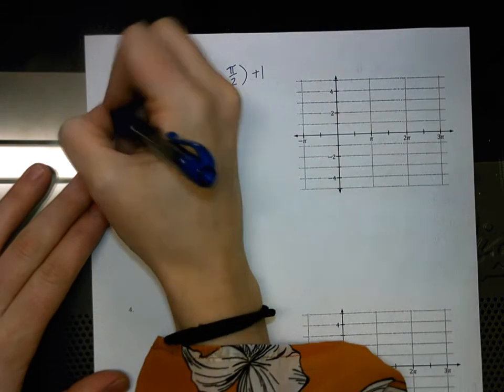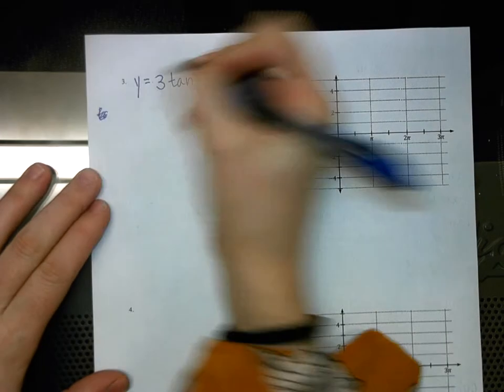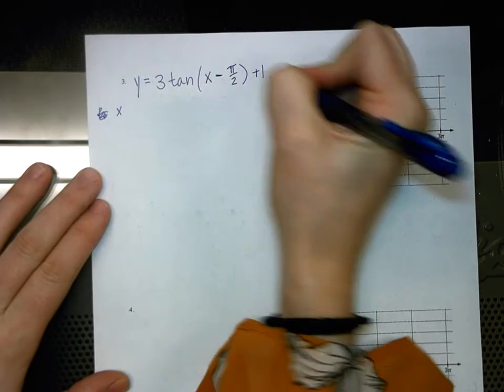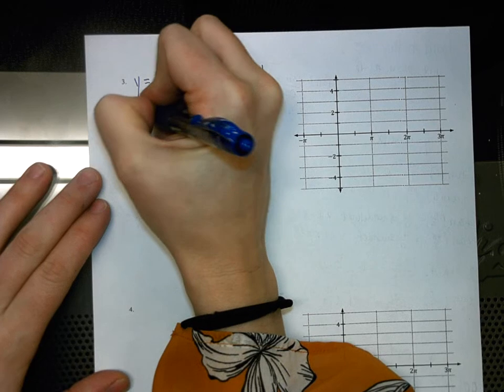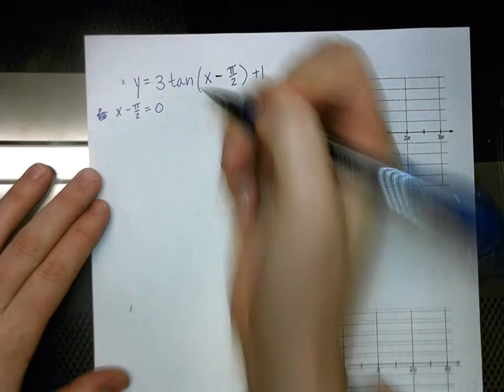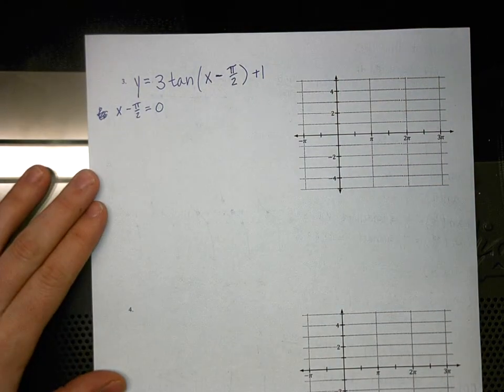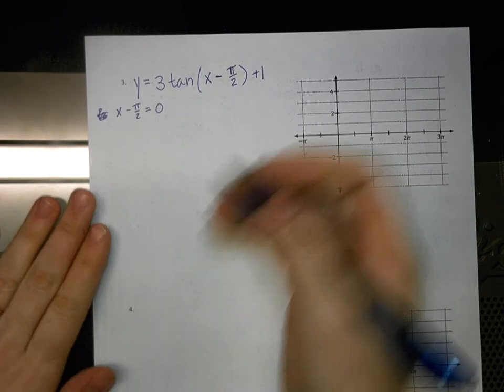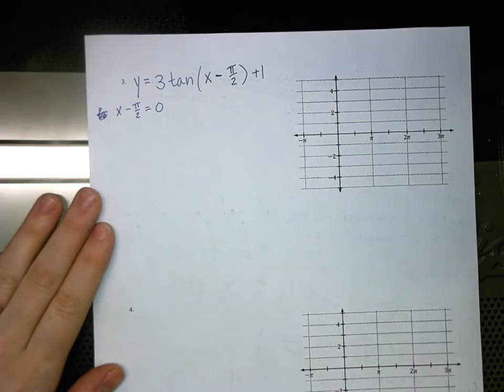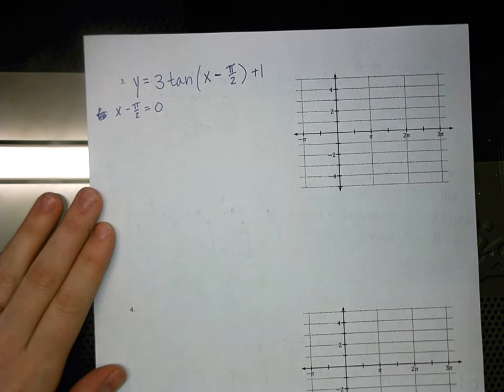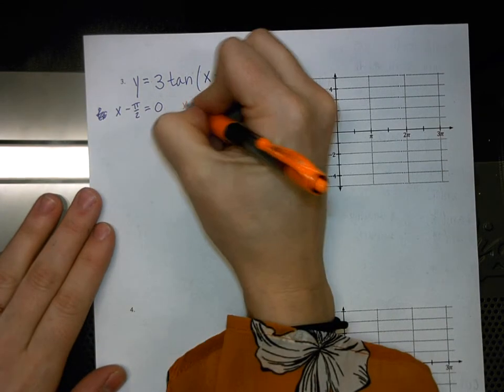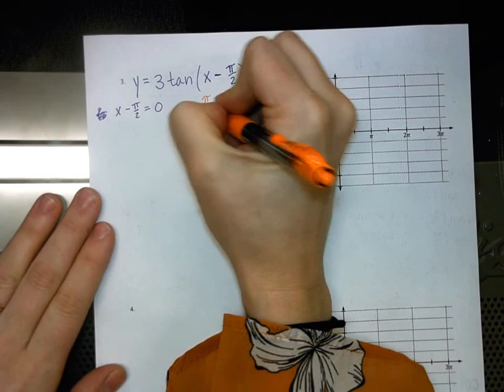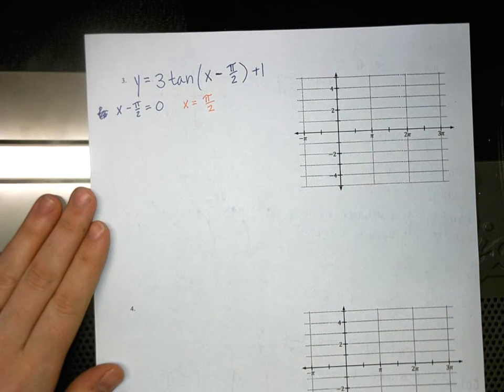So let's start with tangent of 0. Let's set x minus pi over 2 equal to 0. What does x equal? Pi over 2. Good. We add it to the other side, we get pi over 2.